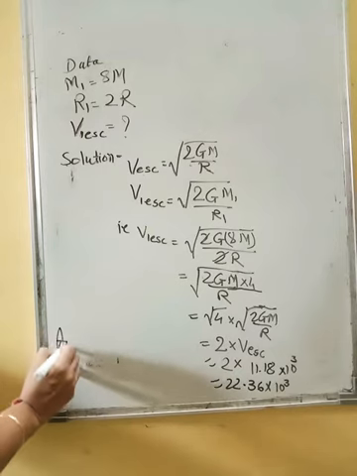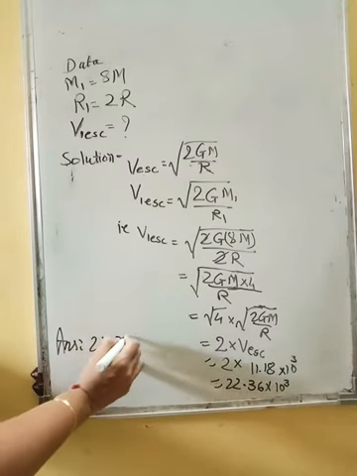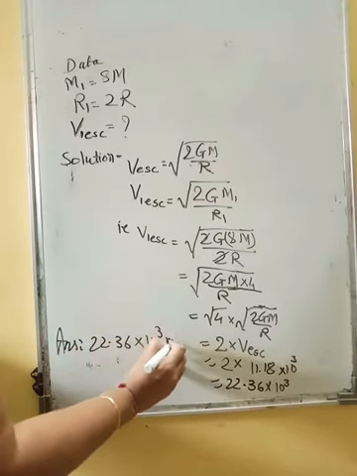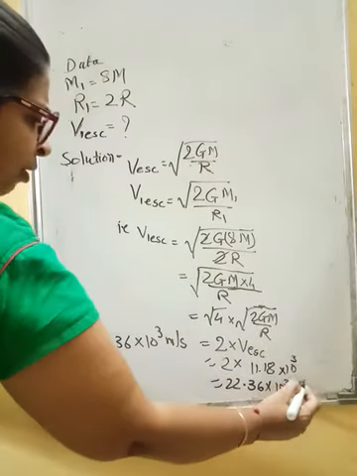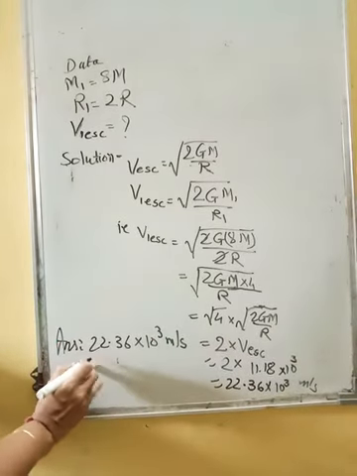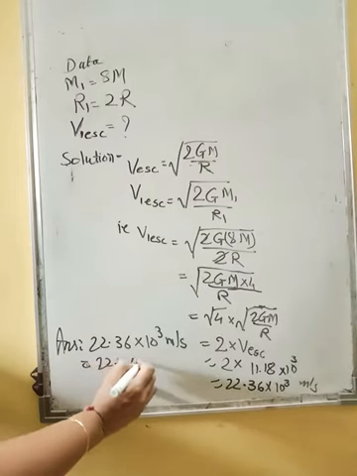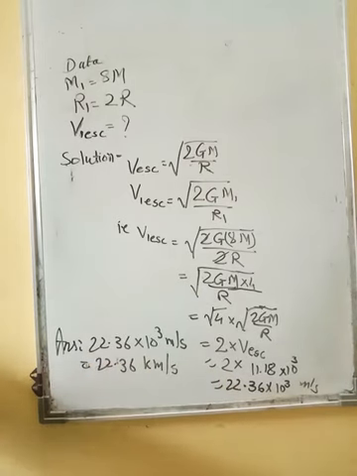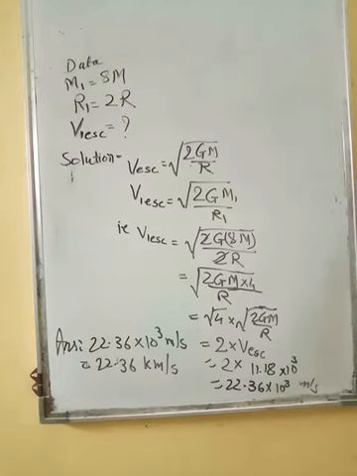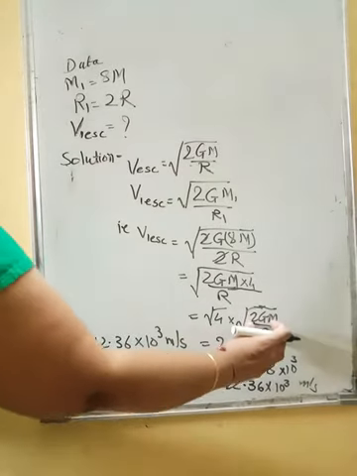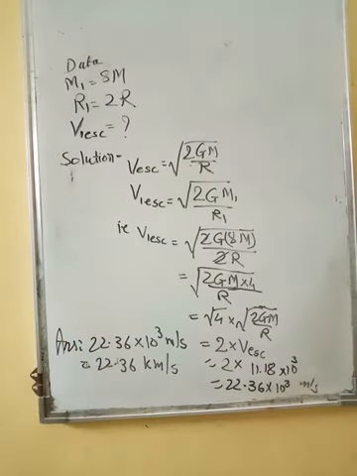So your answer will be 22.36 into 10 raised to 3 meter per second, or you can write it in kilometers: 22.36 kilometers per second. Got it? See, the sum became so simple because I am substituting this value directly. Please write it down in your notebook. This is a simple way you can do this particular sum.